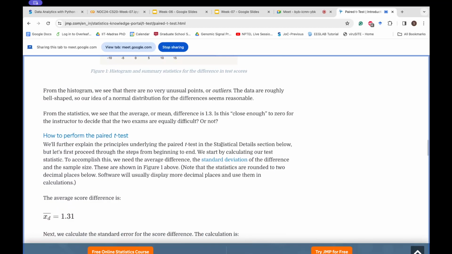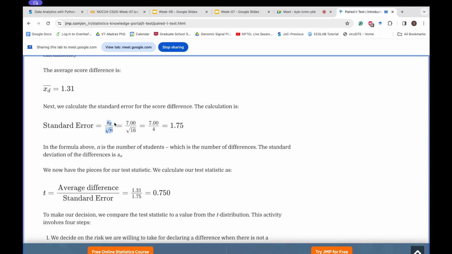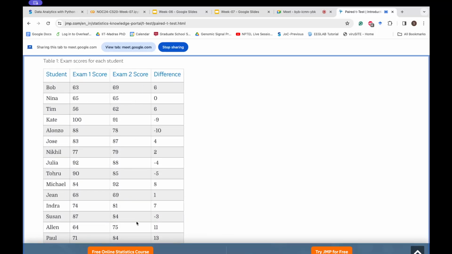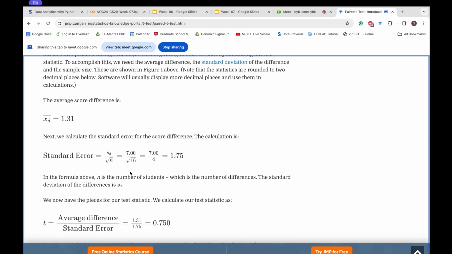So generally in a two sample t-test, we take the difference of the sample means, the mean of the first sample and the mean of the second sample, and then we compute the standard error. But in that case also, we saw different conditions. When the population standard deviations were known, we went into the z-test, computed as x1 bar minus x2 bar divided by under root of sigma 1 square by n1 plus sigma 2 square by n2.